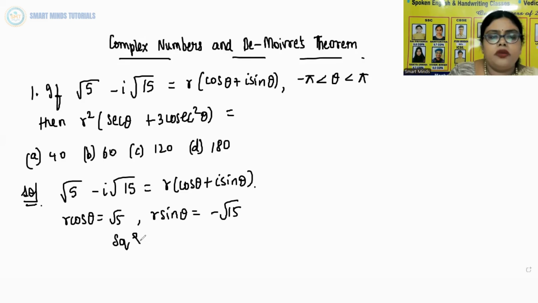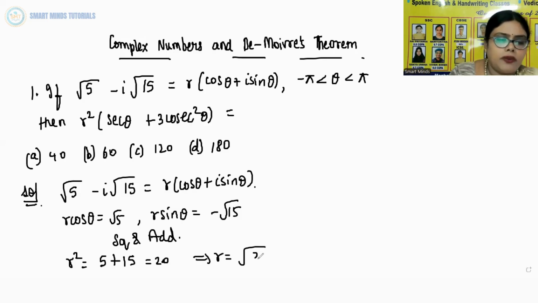Now we do squaring and adding. So we will get r square is equal to 5 plus 15, that is equal to 20. So what is r? r is root 20. Root 20 can be written as 2 root 5.